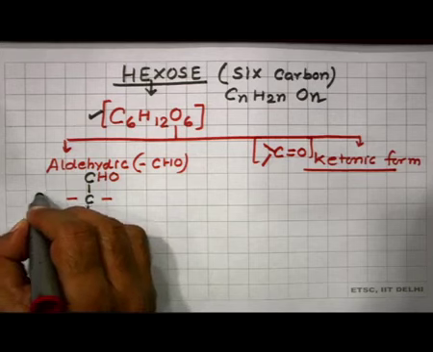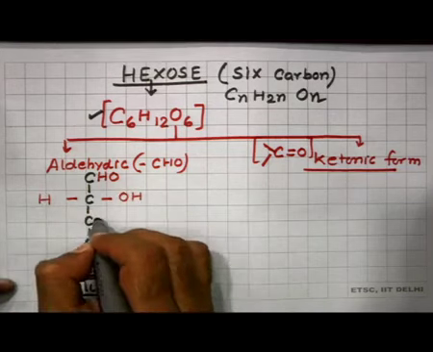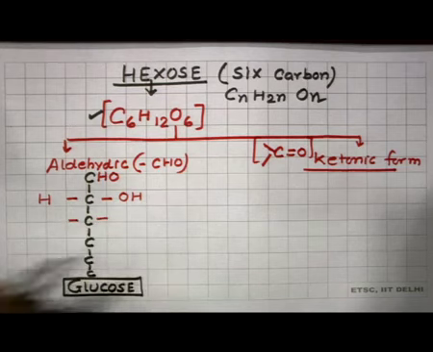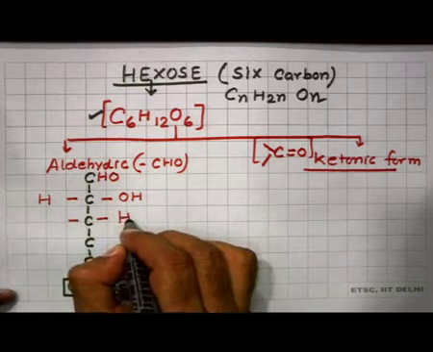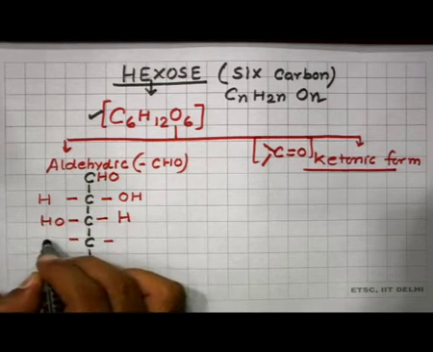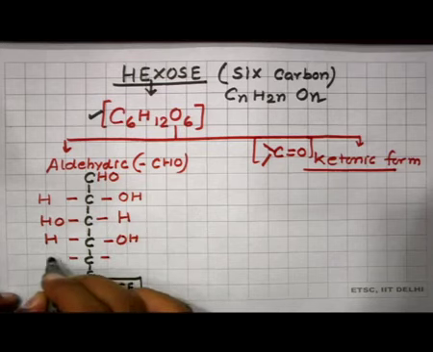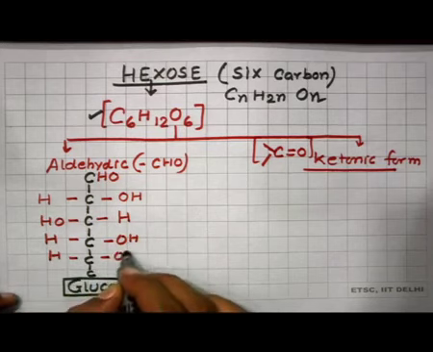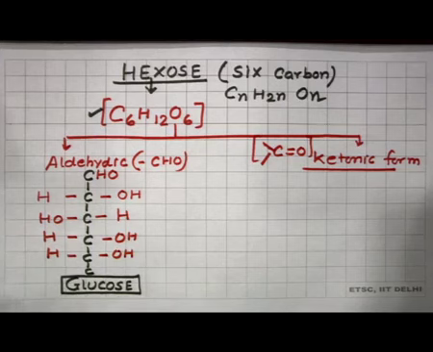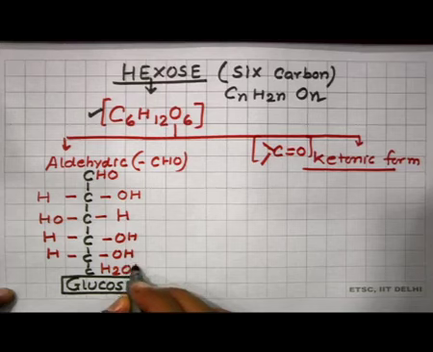In second position, hydrogen on the left side, OH this side. In third position, the hydrogen here and OH is here, and same H, OH, H, OH. Now, at the sixth position, CH2OH.